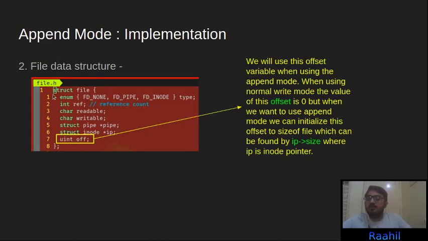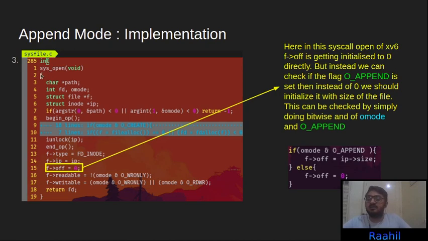Now we will look at the struct file, where we find a parameter called offset. This offset is generally initialized to 0, because that is where we generally start reading or writing a file. But since we are now implementing append mode, this should not be carelessly initialized to 0; rather we have to check the mode and then initialize it, as seen inside the sys_open system call.